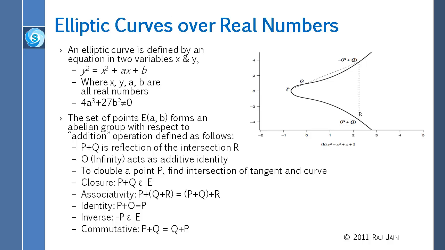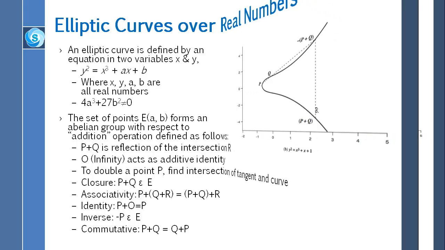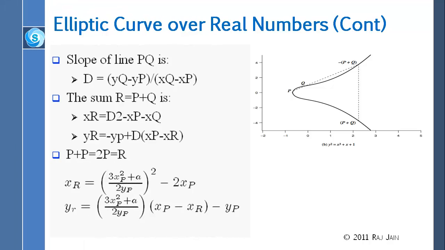The main thing is that it's not very trivial to add 2 points. Adding 2 points is a law of mathematics, because if you want to add 2 points P and Q, each point has an x coordinate and y coordinate. So let us call them xq and yq for the Q point, and xp and yp are the coordinates of P. So the slope of this line D is yq minus yp divided by xq minus xp.